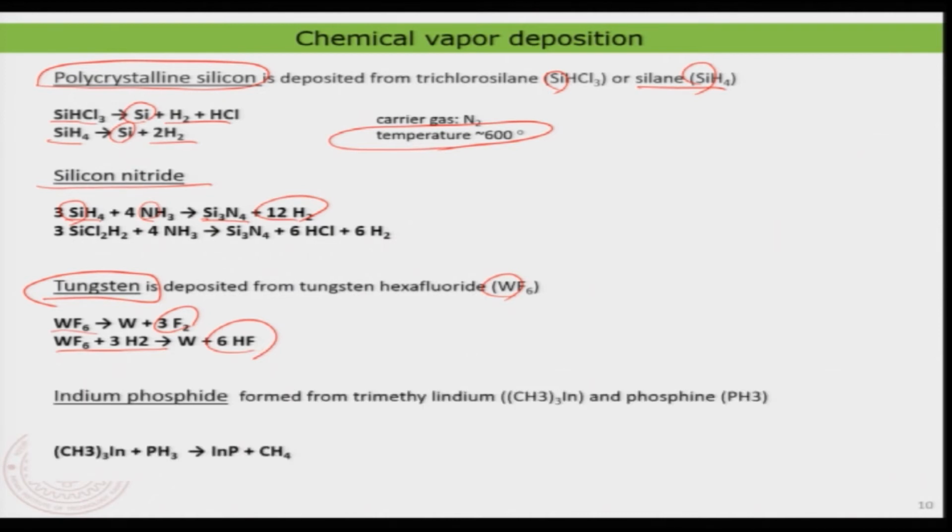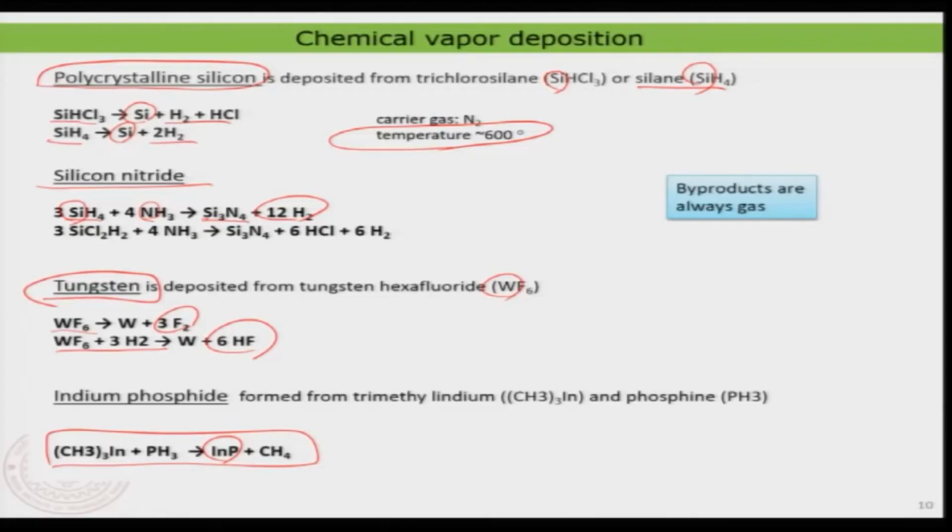This one is very important: indium phosphide, a semiconducting material which is very much used in the semiconductor industry in general. You can see how the equation works, and you can prepare an indium phosphide layer. So what you always need to keep in mind is that if I want to deposit something, I need a molecule that has that particular element as an ingredient.